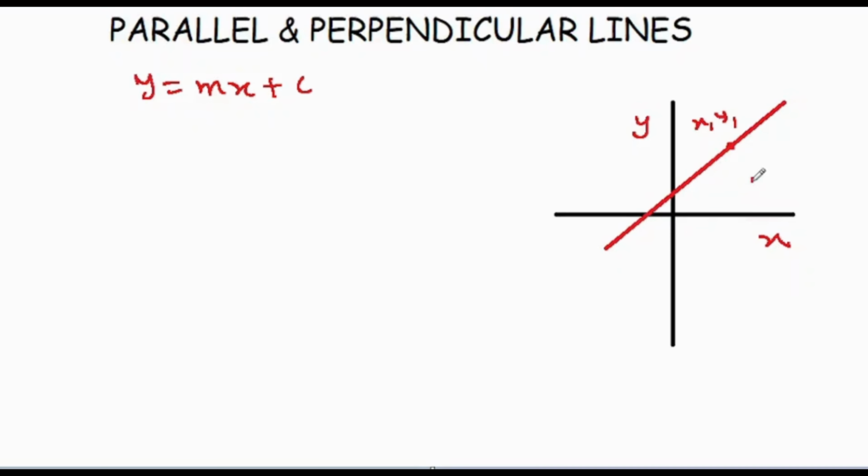So how can we deduce the equation of this straight line passing through the point (x1, y1)? This is the formula we're going to use for that: m, which is the slope, is equal to (y - y1) over (x - x1).